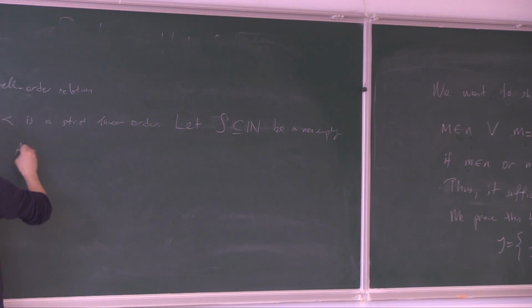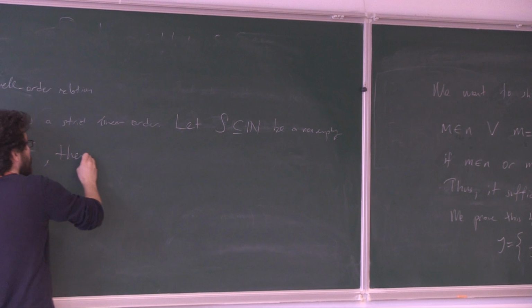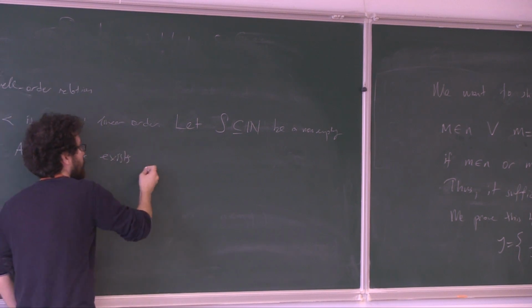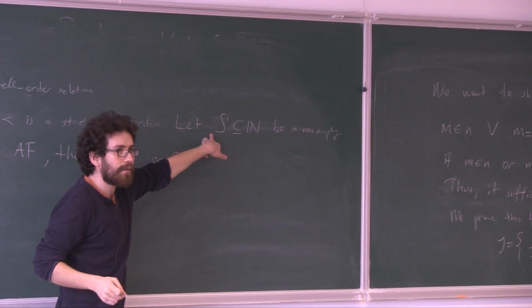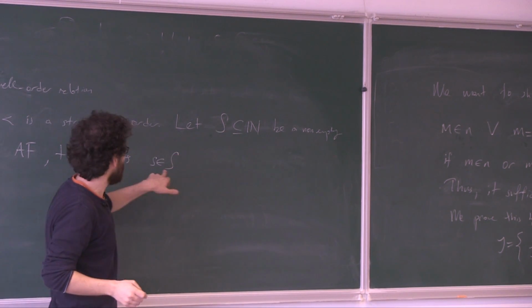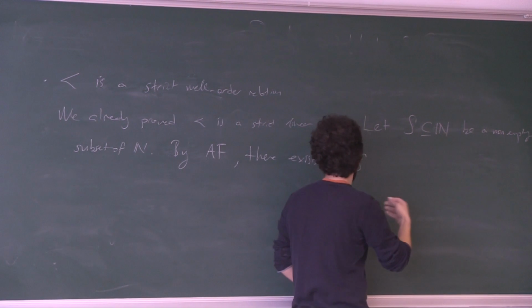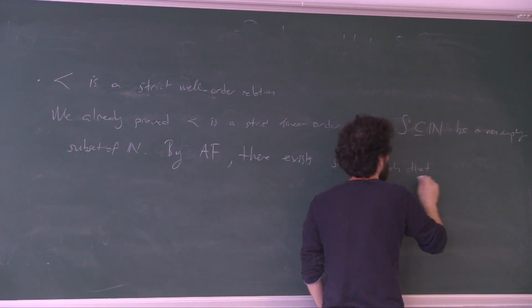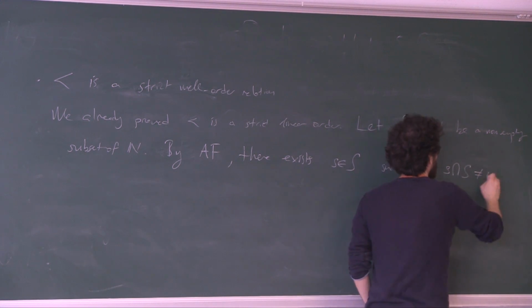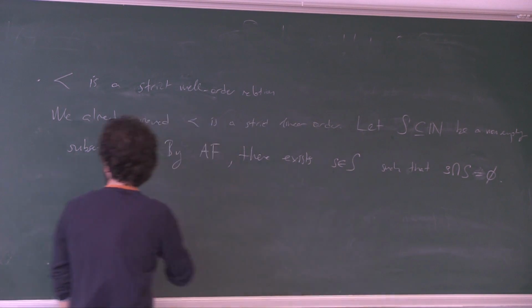By the axiom of foundation, since I have a non-empty set S, there exists an element s of it which is disjoint from it, such that this intersection is empty.